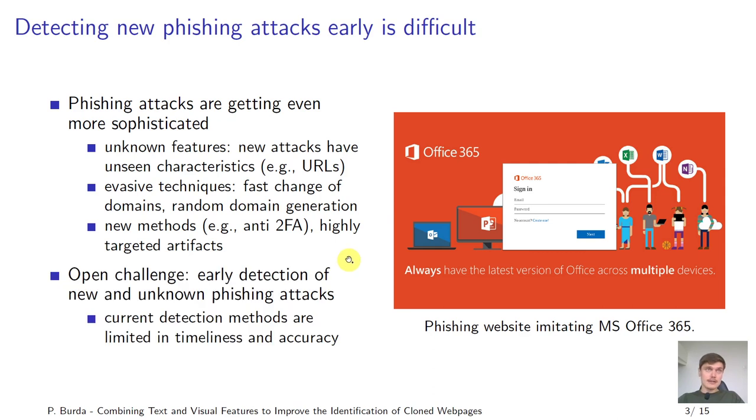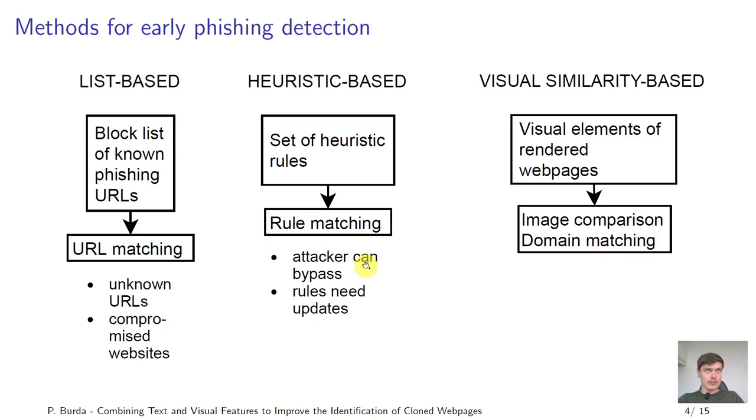And this is still an open challenge for the early detection methods, the ones that try to block as soon as possible these new and unknown phishing attacks. Indeed, the current methods are not fast enough, for example, and some of them are not accurate enough, like, for example, the block list.